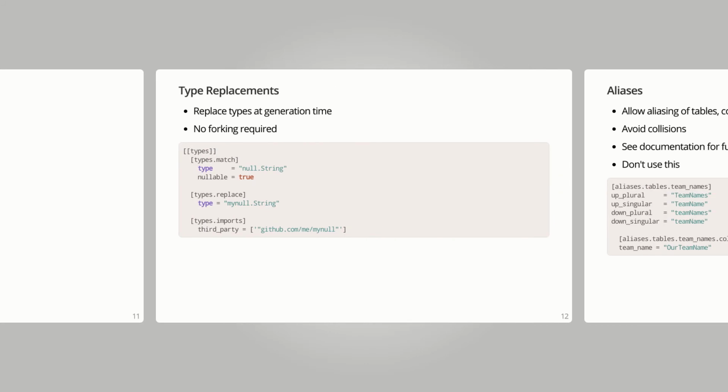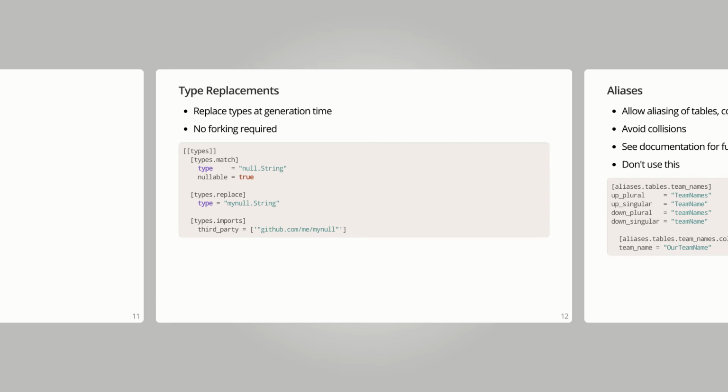We have type replacements now, because right now drivers basically dictate what type you're going to get. When you're using varchar, it's going to turn into a string. And if you didn't like that, you can actually change that now. So the driver gives you the suggestions, and then you can go ahead and replace them. And the way you replace them is with this types configuration. You have a match, and the match can match on any part of the column.